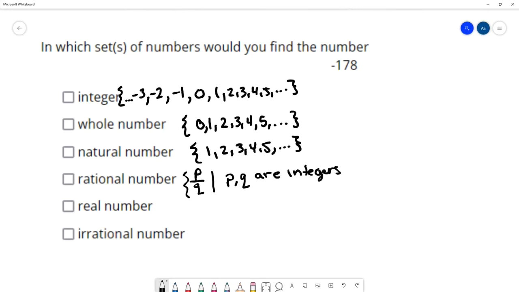So your numerator and denominator needs to be an integer, and Q is not 0. And the reason Q cannot be 0 is because Q is in the denominator, and dividing by 0 is something that is undefined, an operation that is undefined.